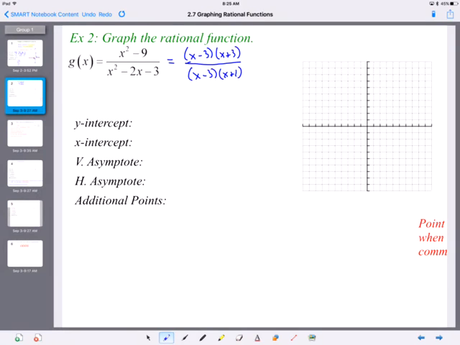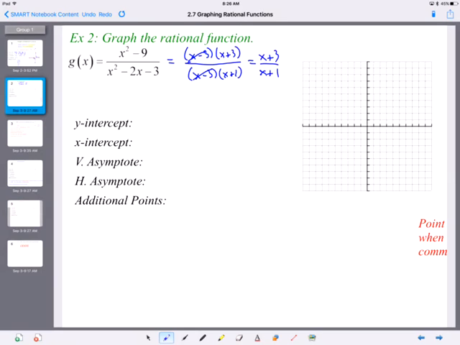Alright, so once it's factored, we realize that there's a factor of x minus 3 that can cancel. And so we're left with x plus 3 over x plus 1. And so let's go ahead and find the intercepts as well using that new function, x plus 3 over x plus 1.